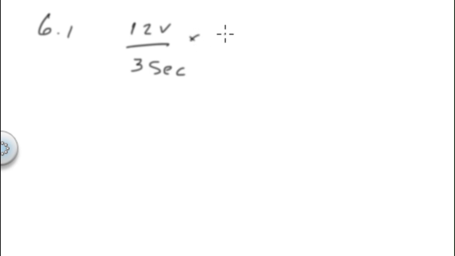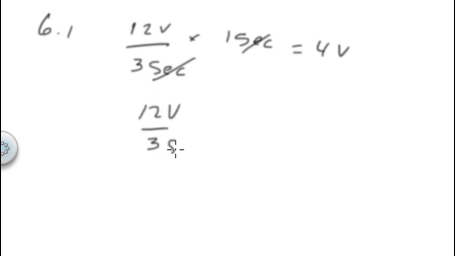So we're going to say times 1 second. We're going to cancel seconds, and it's going to equal 4 volts. And then at 2 seconds, so 12 volts in 3 seconds times 2 seconds, cancel seconds, and we have what? We have 2/3 of 12, or 8 volts. So that would be 6.1.